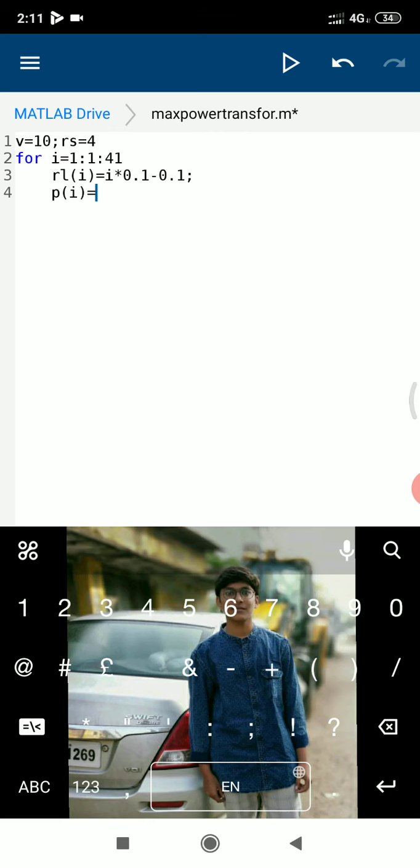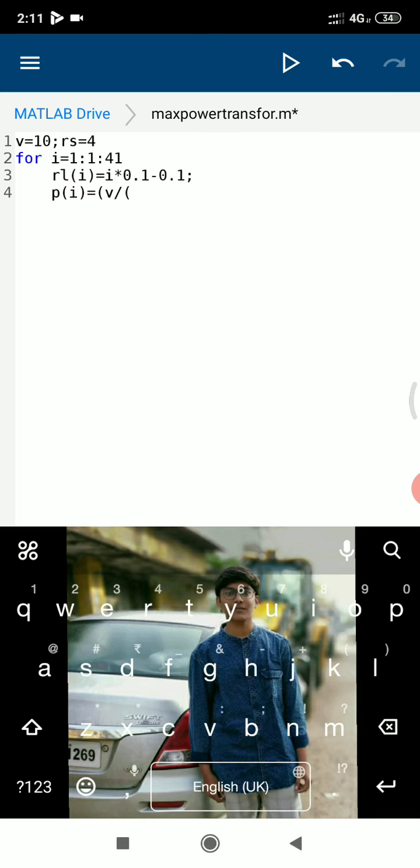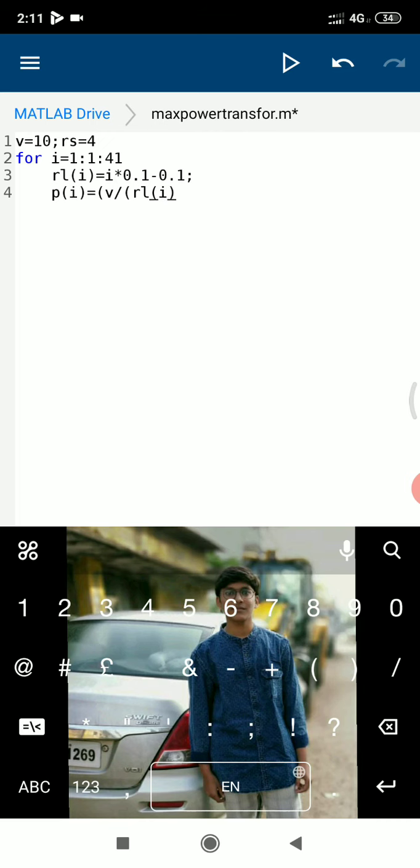We have to substitute the formula carefully because it is lengthy but easy by understanding. Open the bracket. In I square, we first substitute one I, that means V by R, taking V by open the bracket, load resistance RL of i, and adding source resistance also.